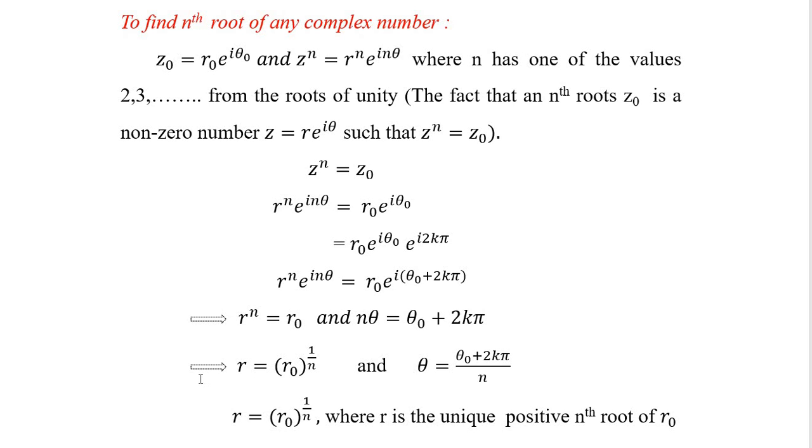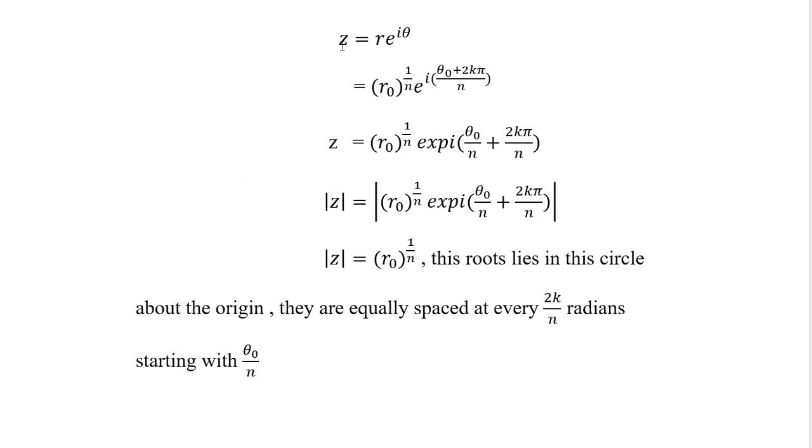Now we substitute this r and theta in z because we need the nth root of any complex number. We know z equal to r into e power i theta. Therefore in place of r, r0 to the power 1 by n, theta equal to theta naught plus 2k pi by n. We expand this and get the modulus, equal to r0 whole to the power 1 by n exponential of i into theta naught by n plus 2k pi by n.